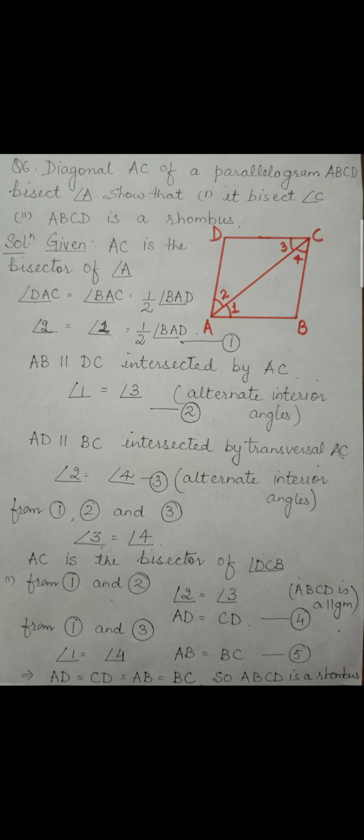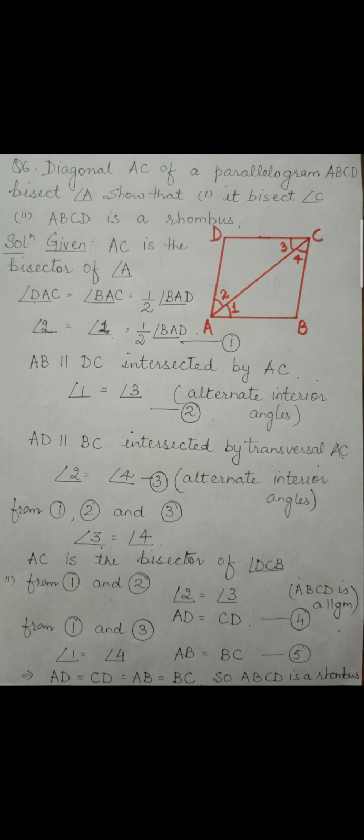In equation 2, angle 1 is equal to 3. And in equation 3, angle 2 is equal to 4. So by these three equations, we are using 1 is equal to 2 in the second and third equations. Angle 1 is equal to 2, so the right sides are equal, angle 3 is equal to angle 4. So first part done, AC bisects angle C.